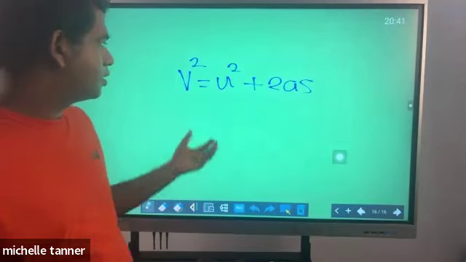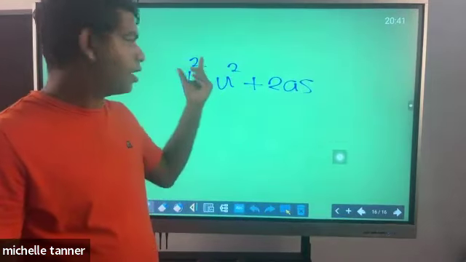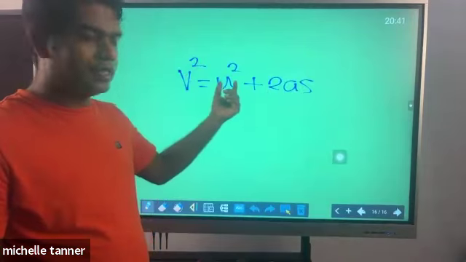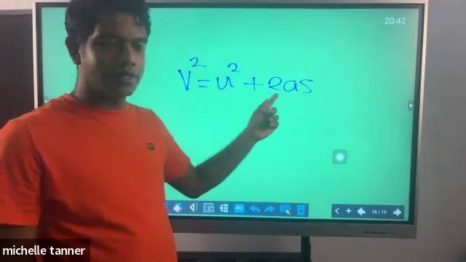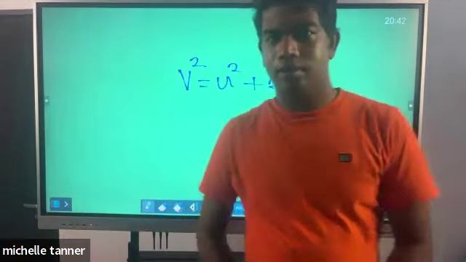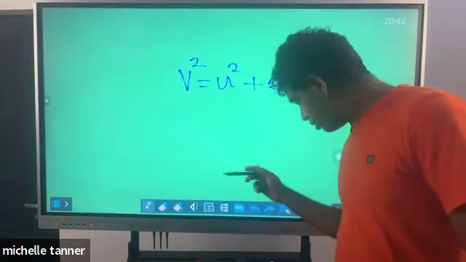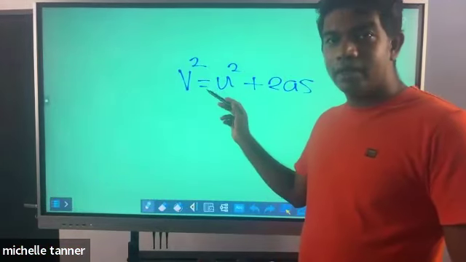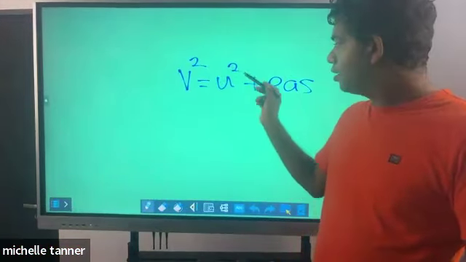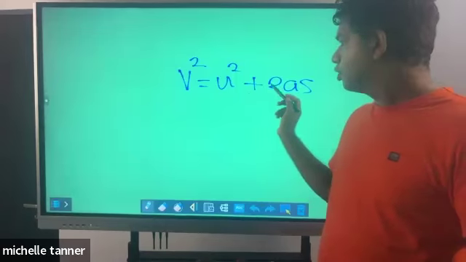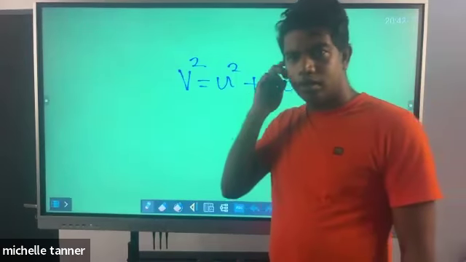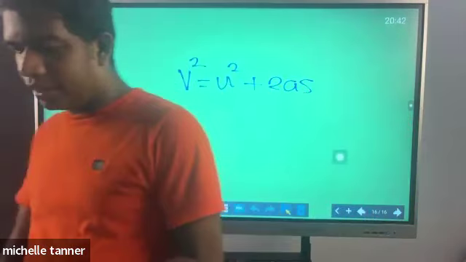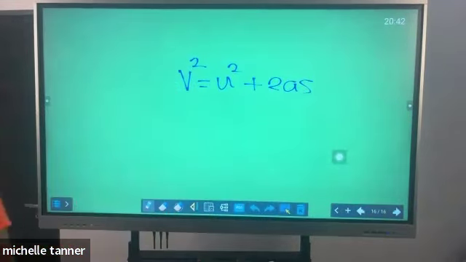As an equation, final velocity square equals initial velocity square plus 2as. Right, Buddha? Write down these equations also. Okay, sir.